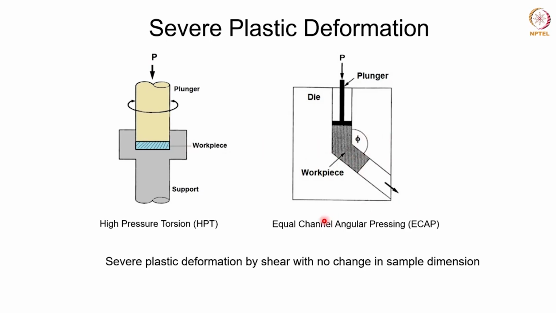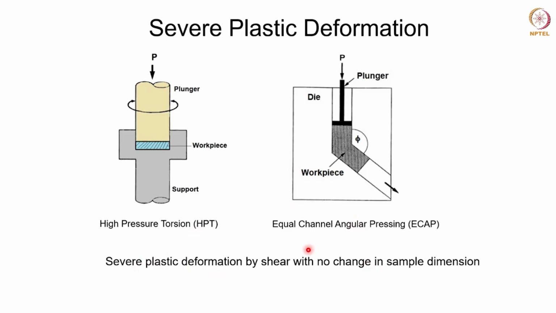As you could see, it can be in different size and shape depending on the die geometry. Here, for example, in the case of ECAP or even high pressure torsion, you can use a cylindrical shape workpiece in the beginning, and then you can deform it in a die, leading to severe plastic deformation and grain refinement.